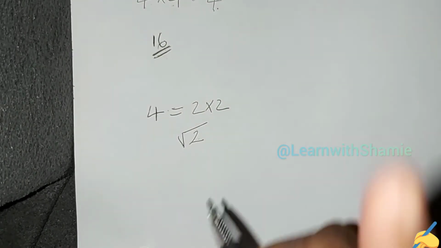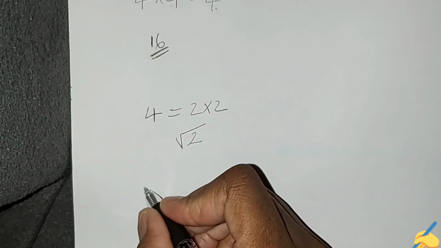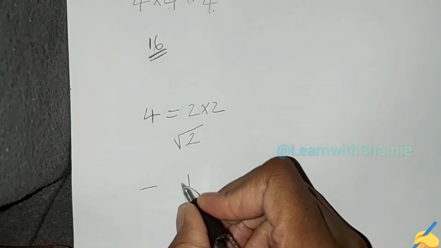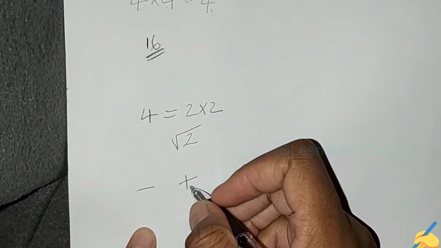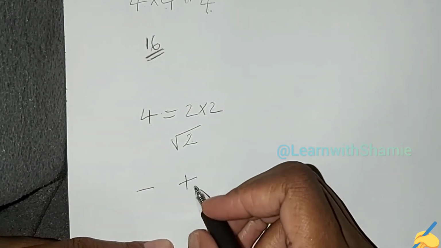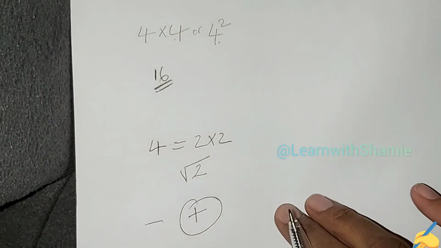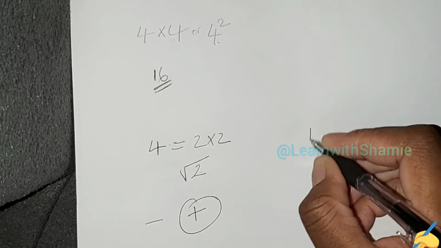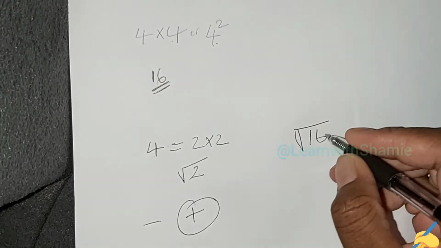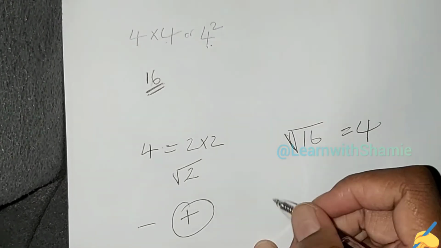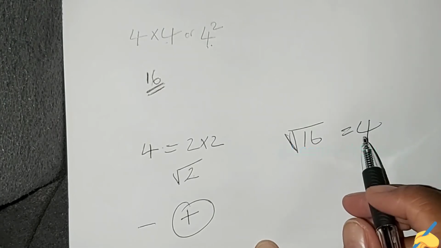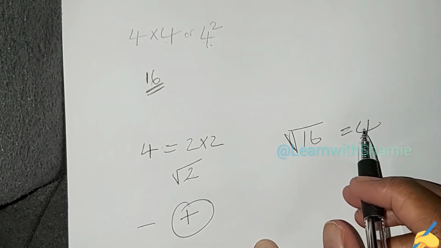Please note that the square root of a number can either be negative or positive, but we only need to use the positive square root. So for example, the square root of 16 would be 4, and this 4 can either be negative or positive.